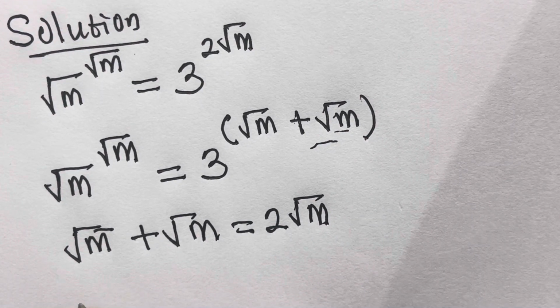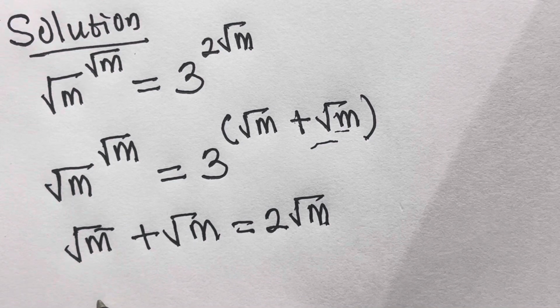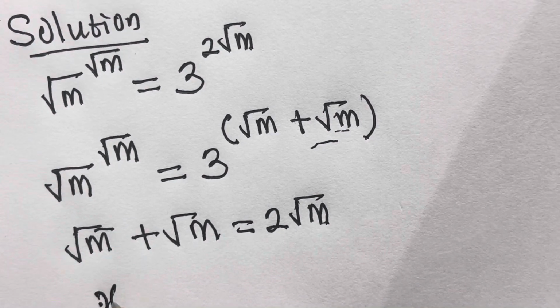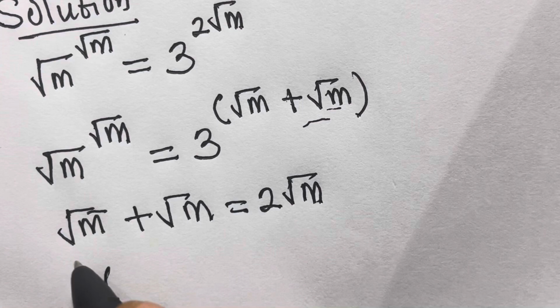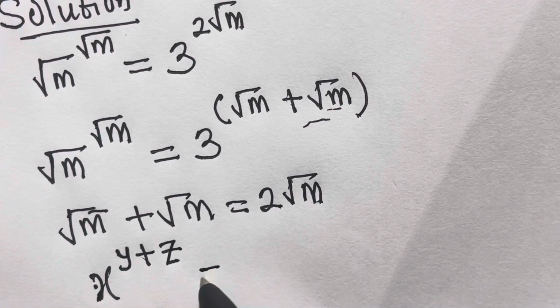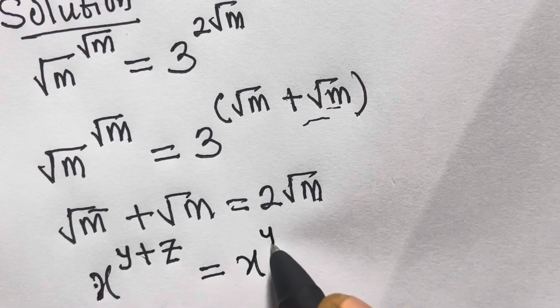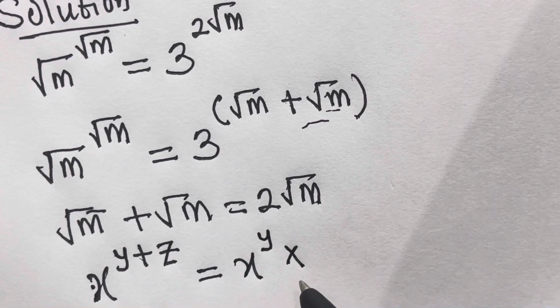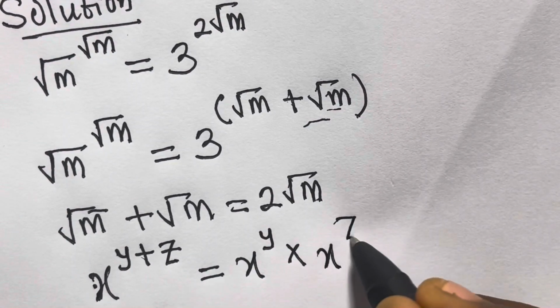So for example, when we have x raised to power y plus z, this equals x raised to power y multiplied by x raised to power z.